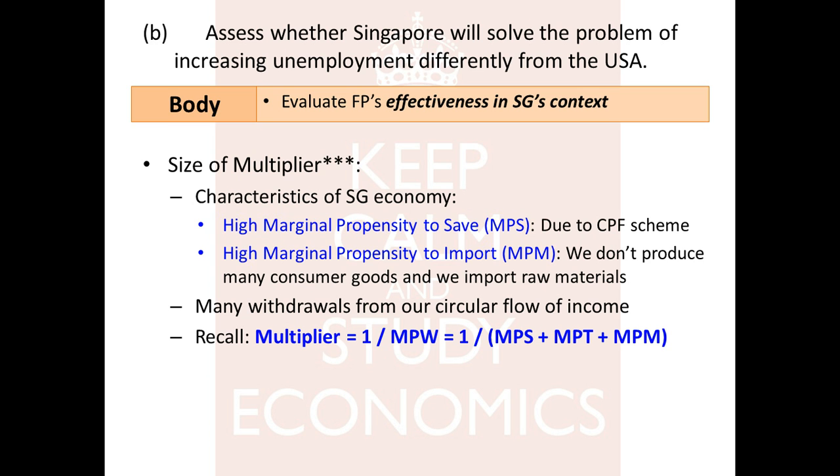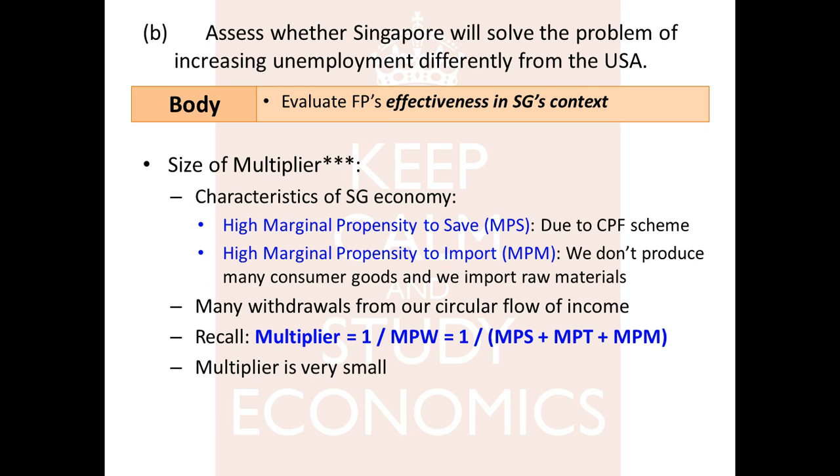The value of the multiplier is 1 over the marginal propensity to withdraw, which equals 1 over the sum of MPS, MPT, and MPM. So in Singapore, MPS is going to be quite large, MPM is going to be quite large, and what we have essentially is that the multiplier is going to be very small.